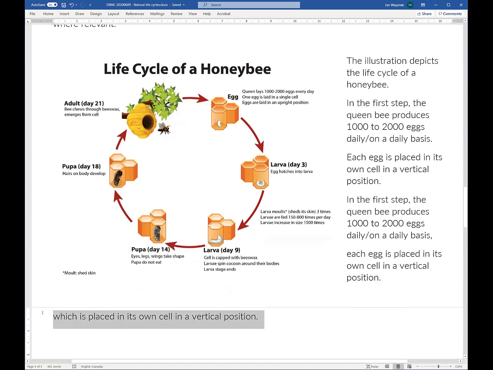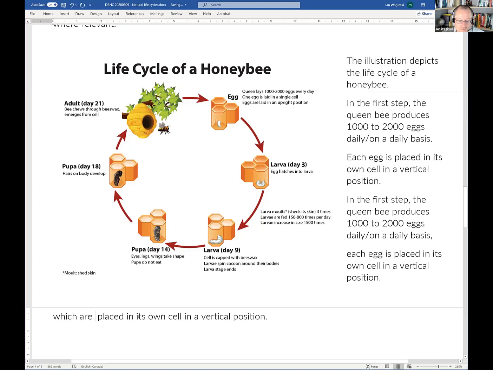Can we put a comma, each egg being placed? Oh, sorry, this. Which are placed. Sorry, not perfect. We have to make a change because this is plural, right? So this is not going to work if this part is singular and this part is plural. So which are placed in its own cells?